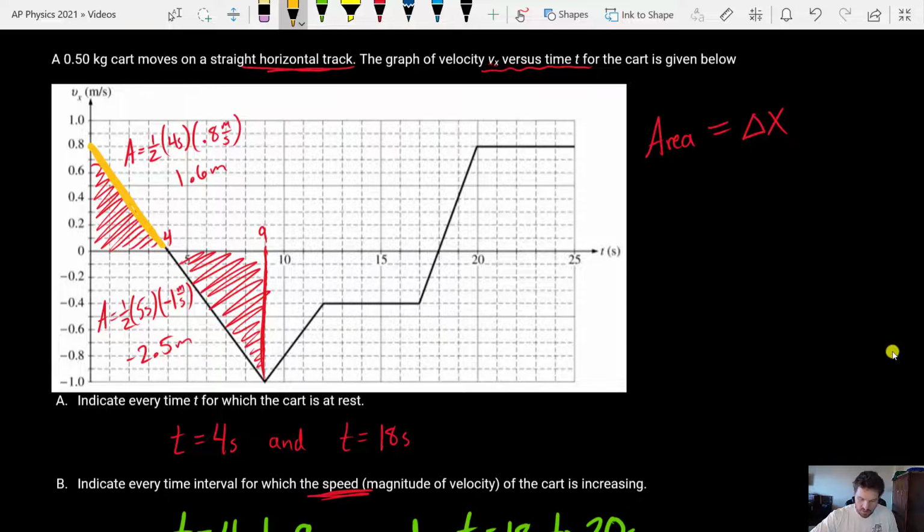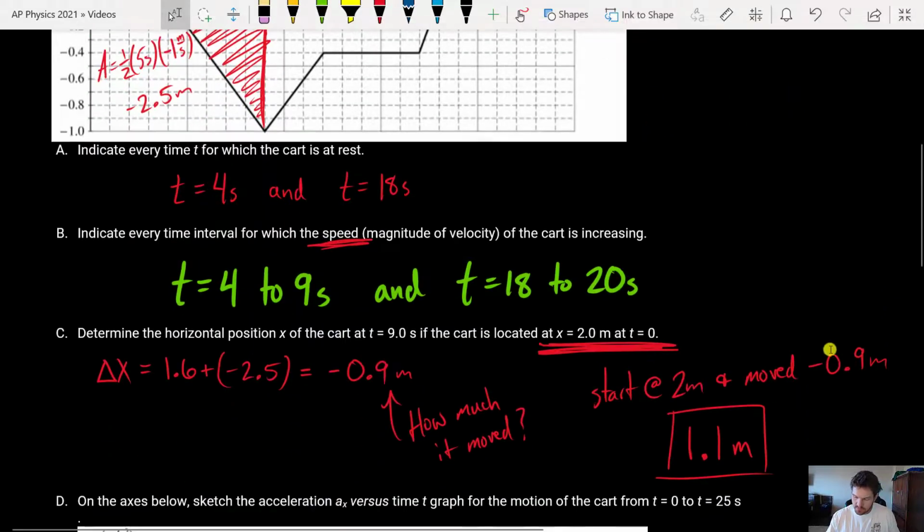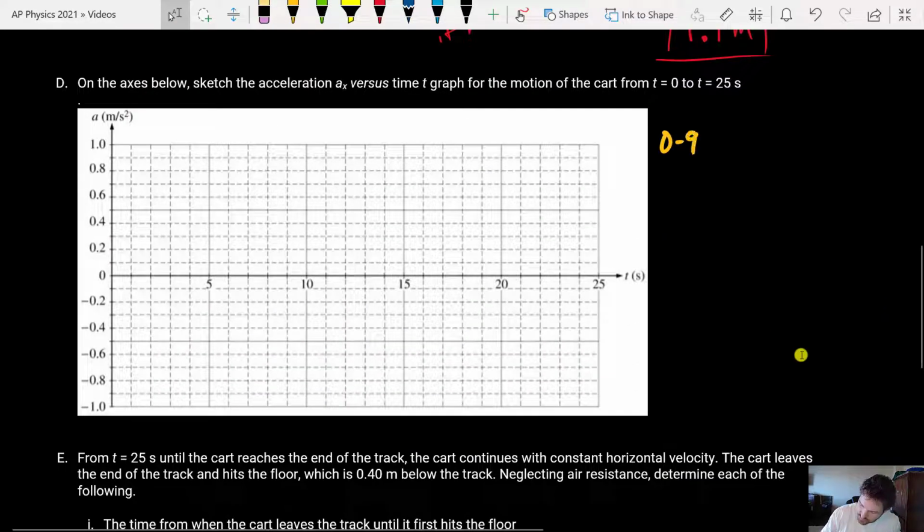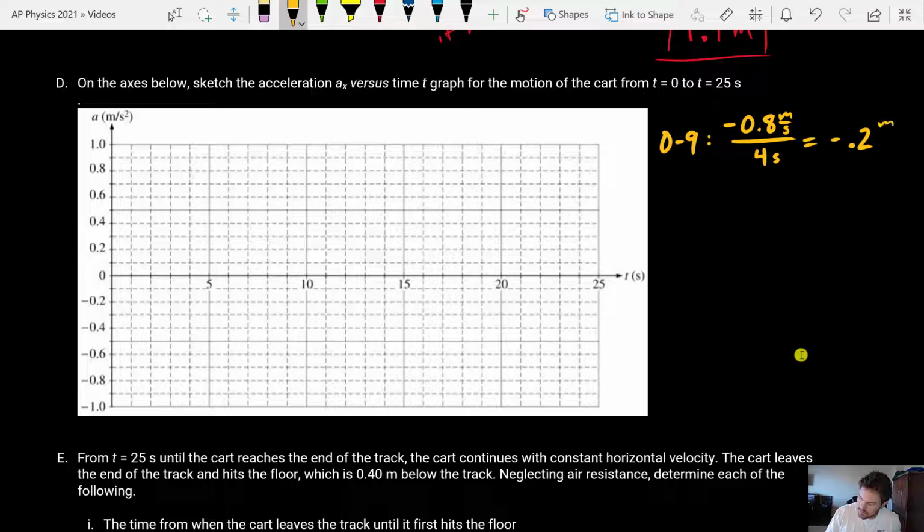It goes from 0.8 to 0. So it goes down, just do a little scratch work over here, from 0 to 9. It goes down 0.8 meters per second, and it took 4 seconds. So that is an answer of negative 0.2 meters per second every second.